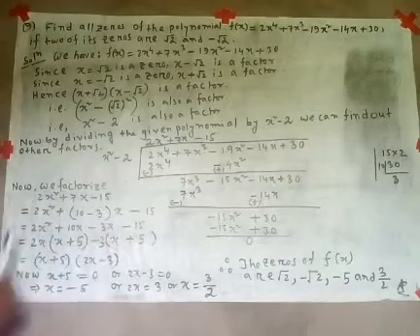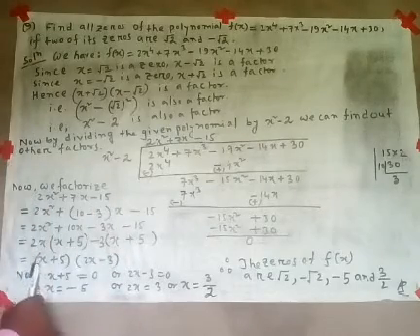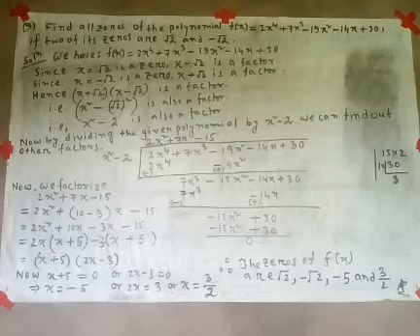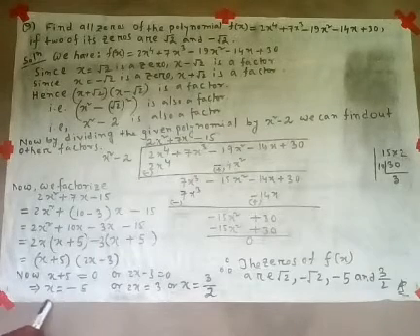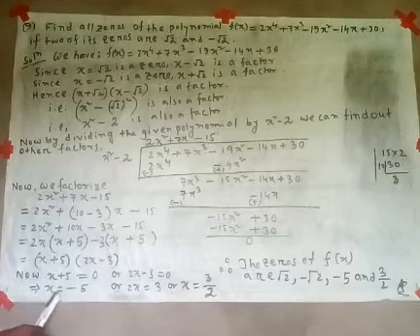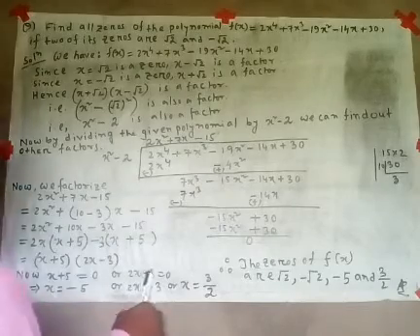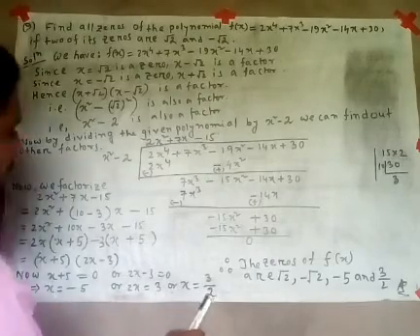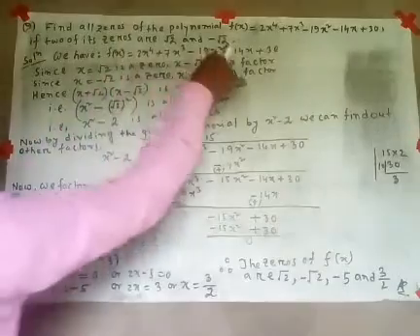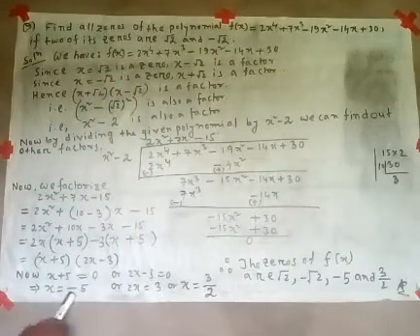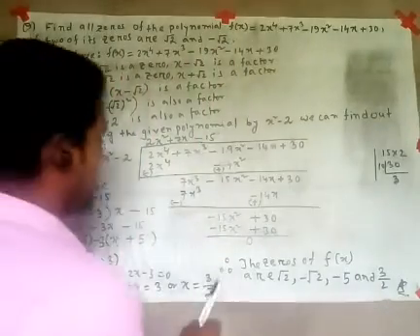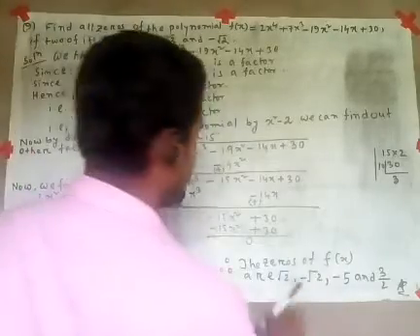After factorization we are getting two parts, x plus 5 and 2x minus 3. From x plus 5 we are getting x equal to minus 5. From 2x minus 3 we are getting x value 3 by 2. Already two values are given. Then another two values we got, minus 5 and 3 by 2. So this was the final answer.